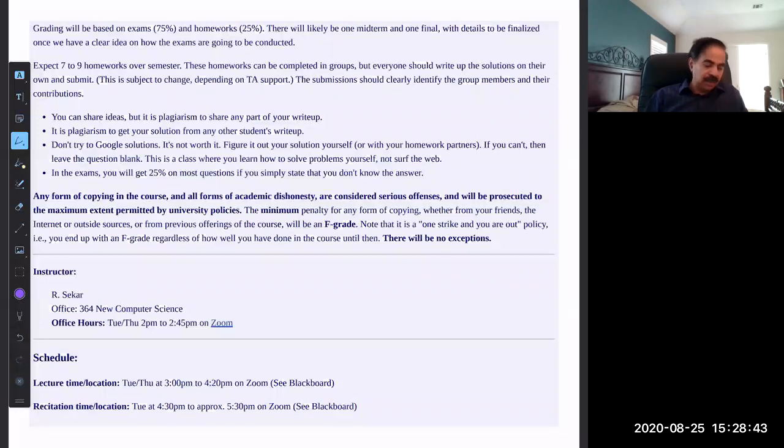The backup option is the Lockdown Browser, which basically means that people should have either a Windows PC or an iPad, right? So that's the hardware and software compatibility for this Lockdown Browser.